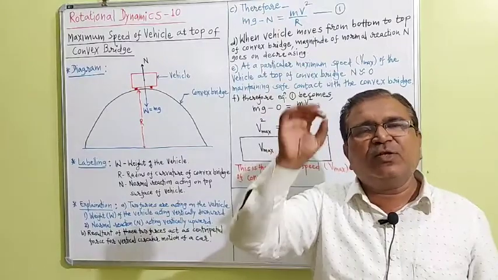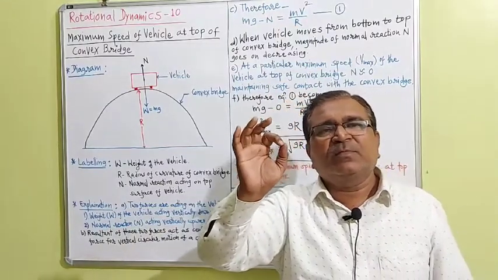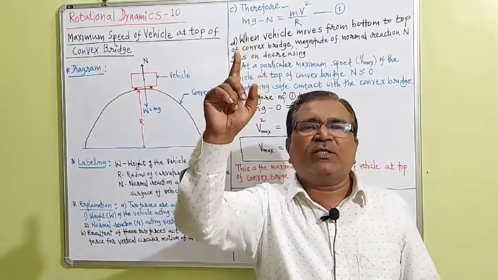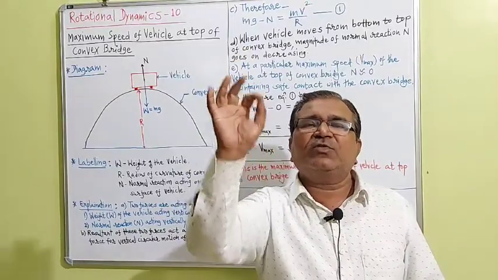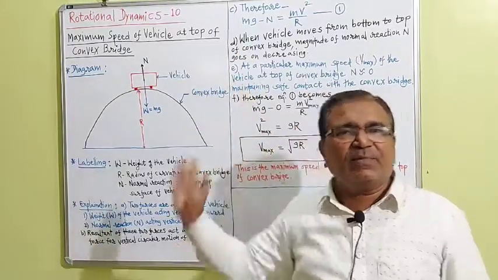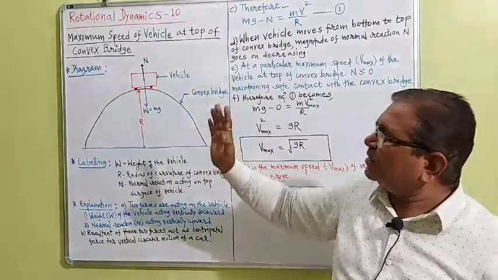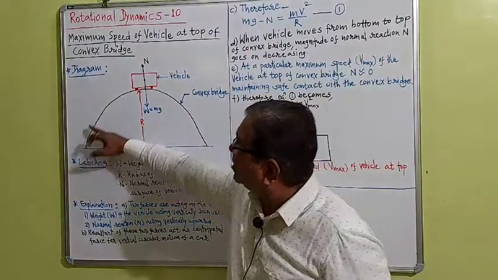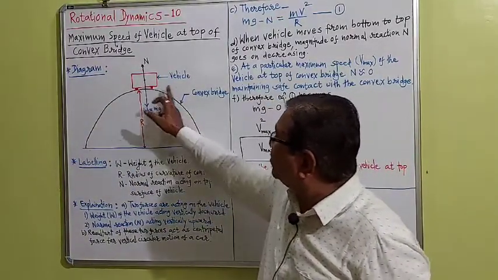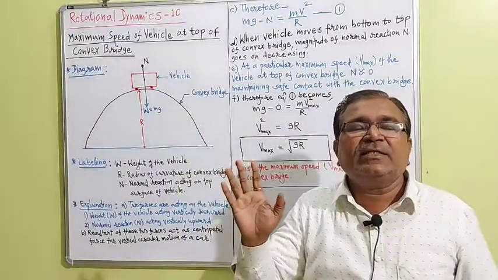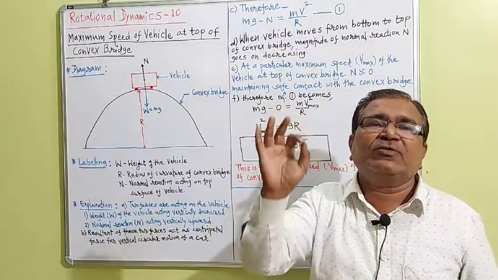At that time also, during vertical circular motion, the maximum velocity at the top we got is V max equal to the square root of gR. The same condition arises here, because when the vehicle is moving from bottom to top and again from top to bottom, it is an example of vertical circular motion.